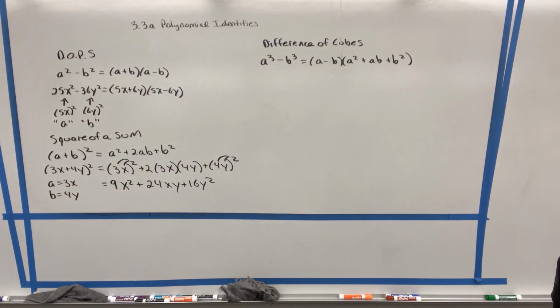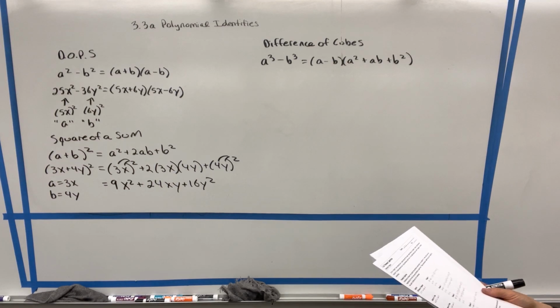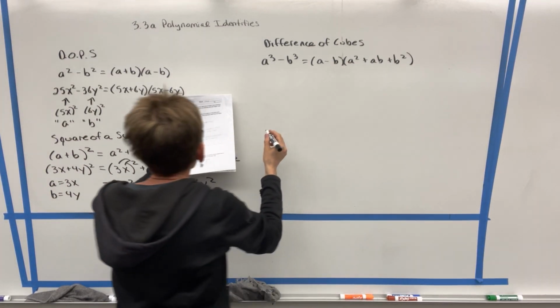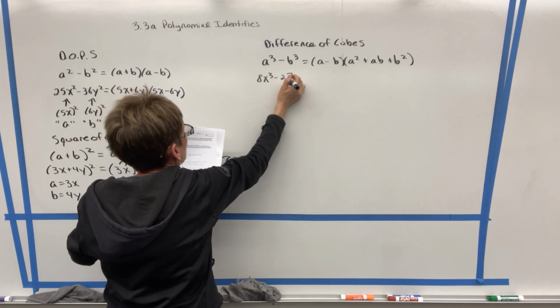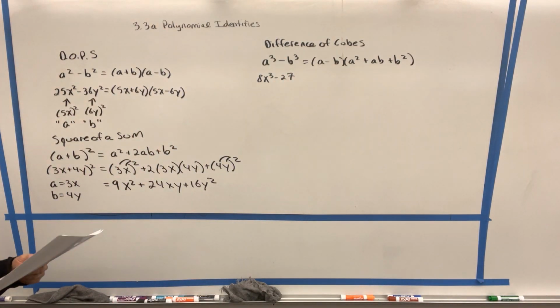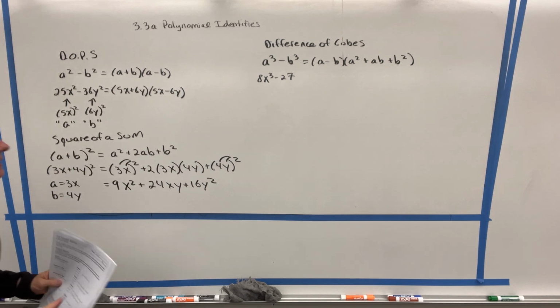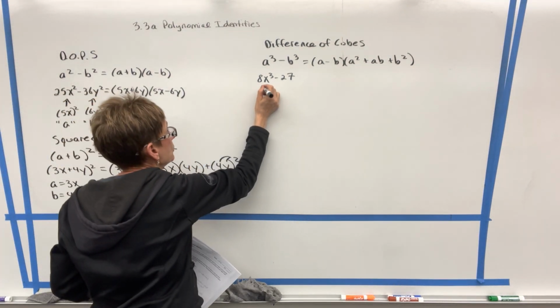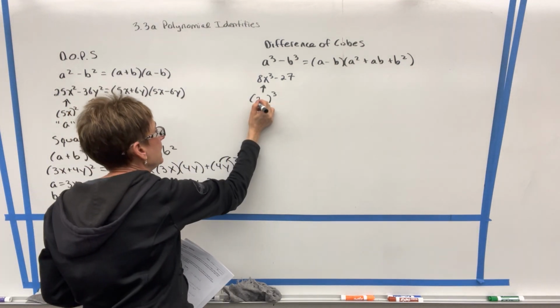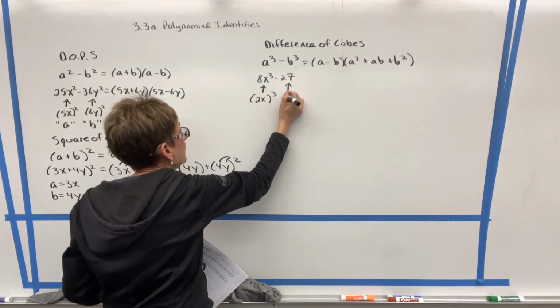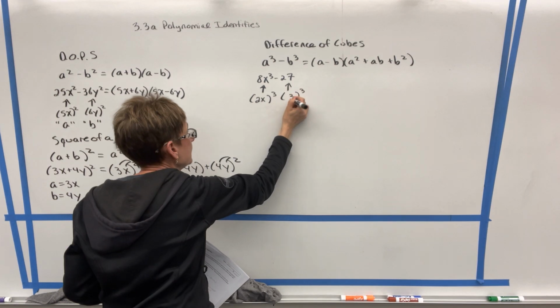Okay, now let's do a specific example. Let's do 8x cubed minus 27. It can be helpful to identify what is our a and what is our b. In other words, what would I cube to make 8x cubed? The answer would be 2x. And then what would I cube to make 27?